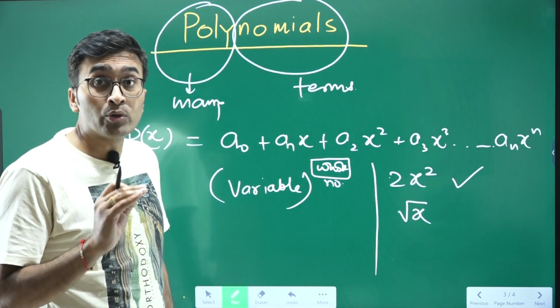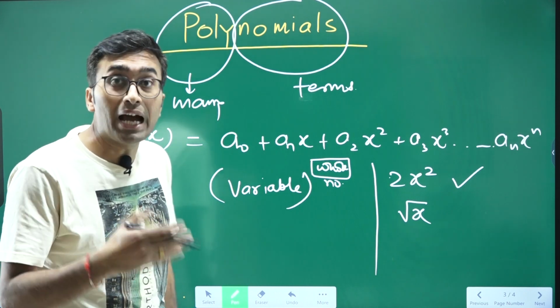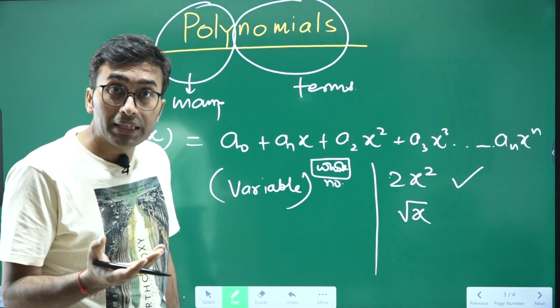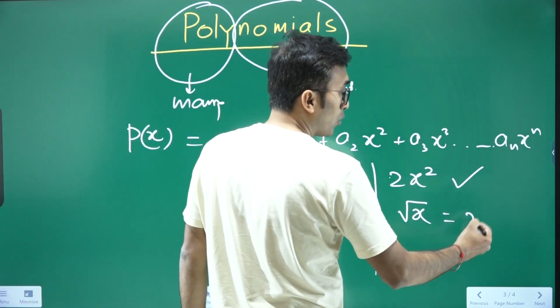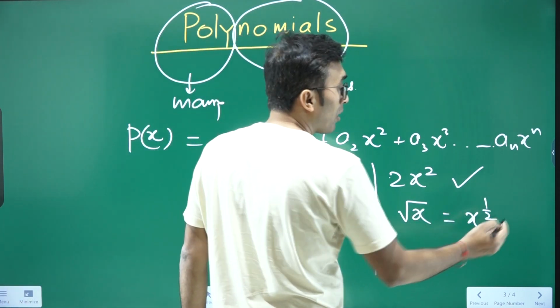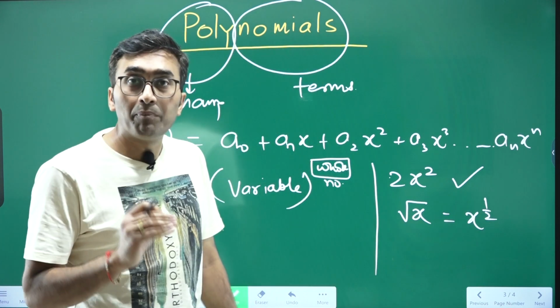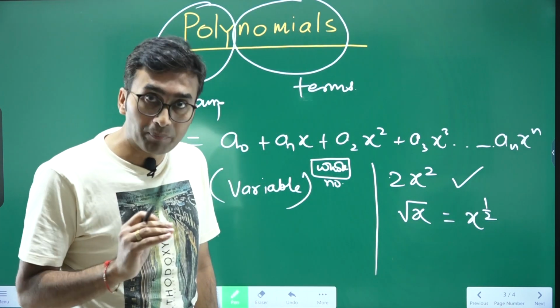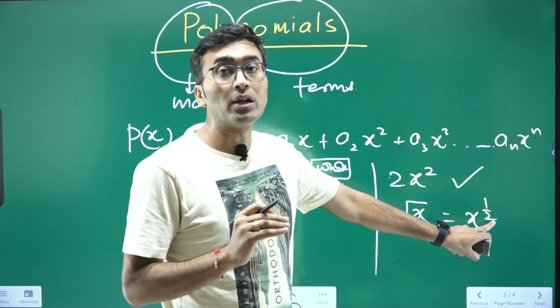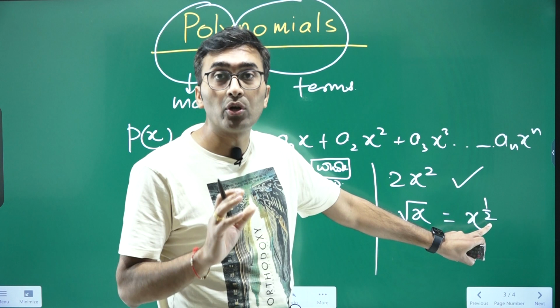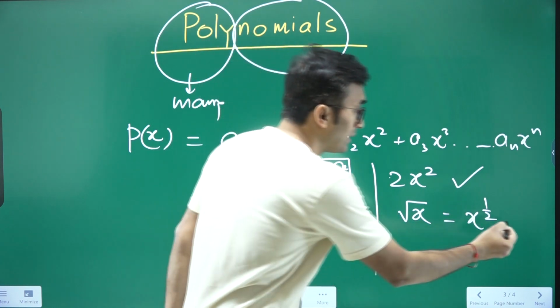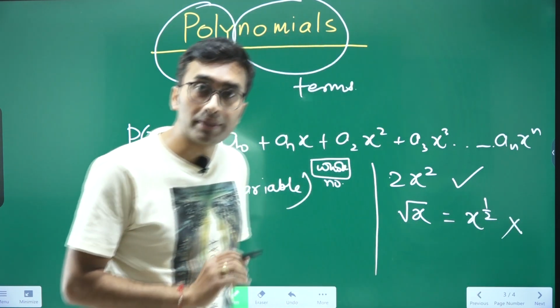Whenever we are going to check for the polynomial, we have to see the power. If the power is a positive integer, or a whole number. So root x is x raised to the power 1 by 2, here the power of x is 1 by 2. It is not a whole number, so this is not a polynomial.